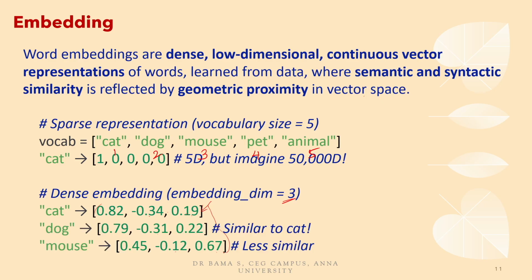Assuming that these are the vector values that we got after embeddings, you can see that these are related. The first vector position is similar, the second is pointing towards another direction, and the third, 0.19 and 0.22, are related, and 0.67 is somewhat less similar. So using this, we can say that cat and dog are similar with respect to these vectors.